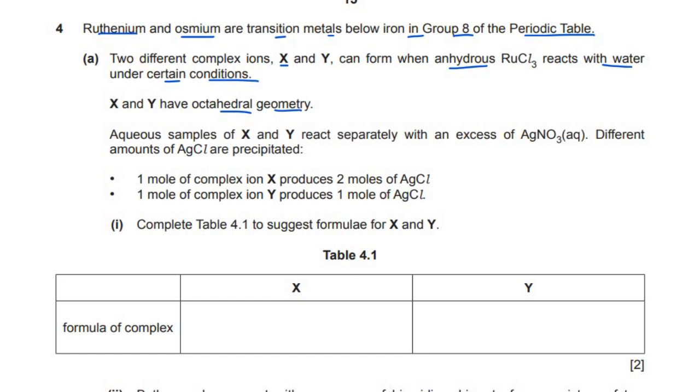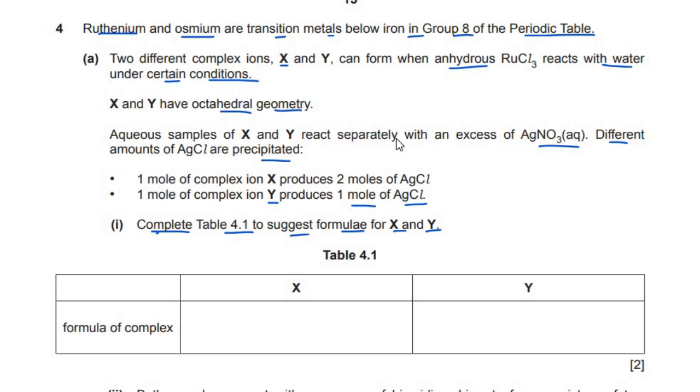Aqueous samples of X and Y react separately with aqueous AgNO3 and different amounts of AgCl are precipitated. Now 1 mole of complex X produces 2 moles of AgCl. 1 mole of complex ion Y produces 1 mole of AgCl. And the question is, complete table 4.1 to suggest the formulae for X and Y.